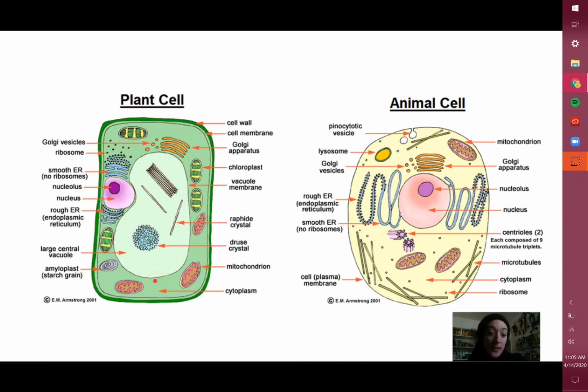There's a lot of similarities between them. And 4th graders, you know, because we broke down all of the different organelles inside of the cell. But basically, the main difference is that plant cells have a cell wall and a much larger vacuole.